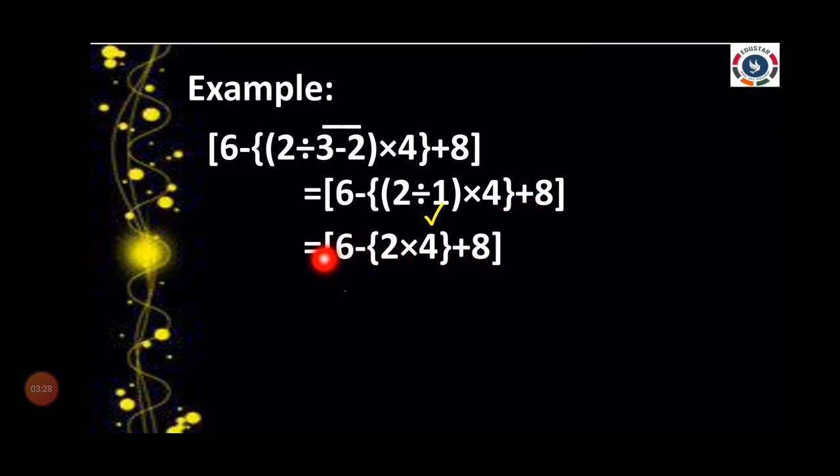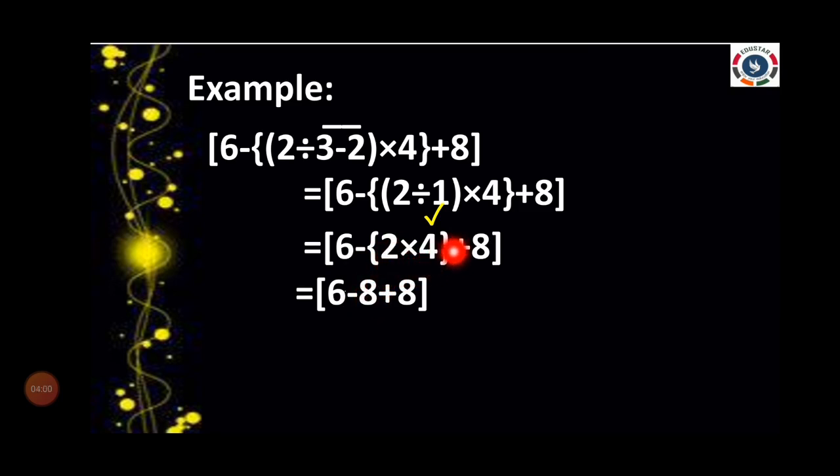Now we have 2 brackets, one curly bracket and another the square bracket. So which bracket gets the next preference? The third one, the curly bracket. So we want to solve the values here. The remaining I will write as it is: square bracket 6 minus, now you tell me, what is inside the curly bracket? 2 into 4. 2 into 4 is how much? 8, that we write.